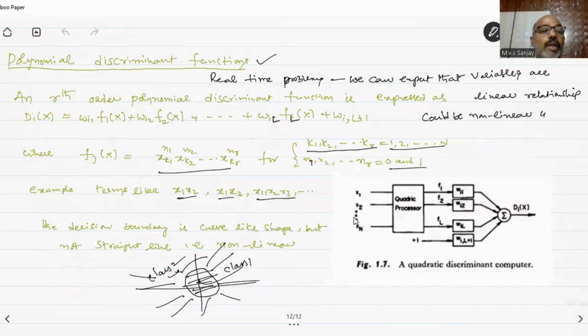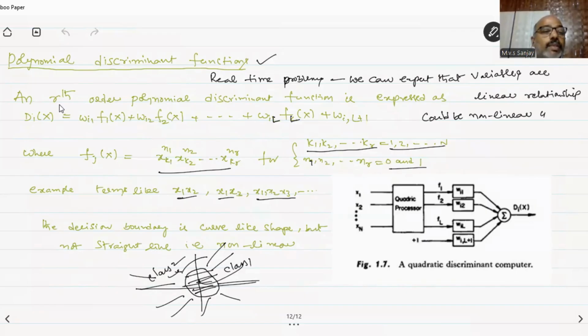The last one, polynomial discriminant functions. Those who have studied machine learning know very well why we go for polynomial regression. In reality, the relationship between the variables is not always linear. When we notice the relationship between the variables is not linear, one can prefer polynomial discriminant functions.